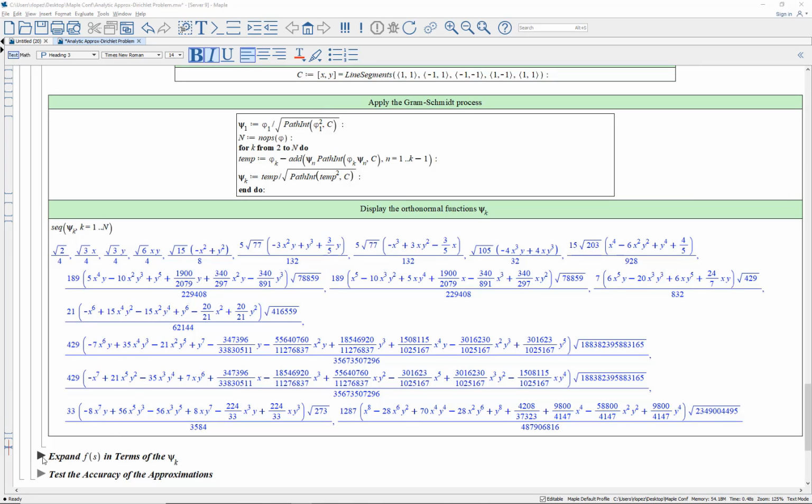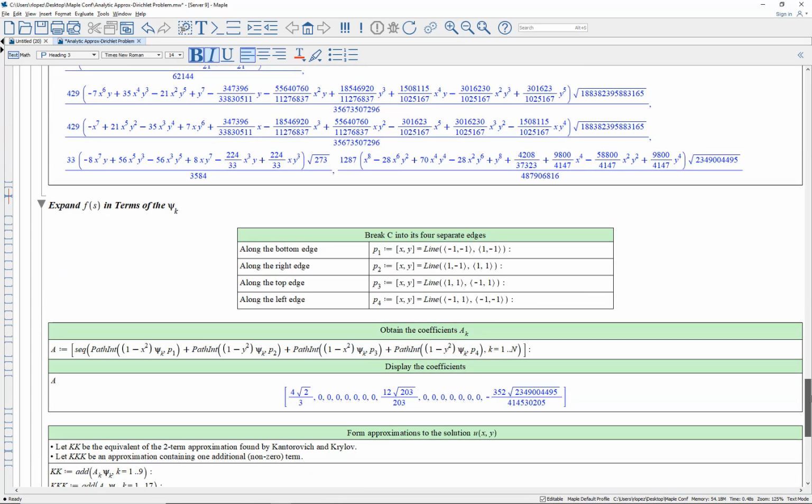Next, we need to expand the boundary data in terms of these psi k. Well, on each edge of the square, the boundary function is different, so I have to do each edge separately.